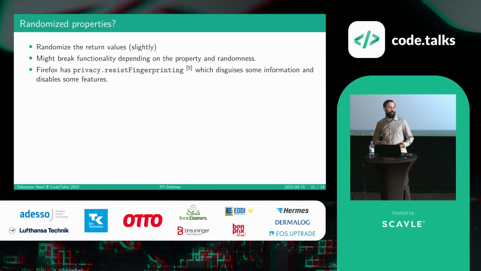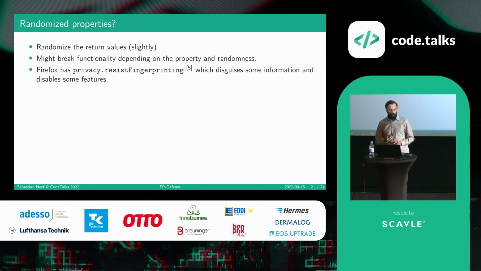But it also might break legit websites and functionalities. Think of a browser game, which also uses canvas or WebGL calls. If we do too much randomness, it might break, and then people are unhappy. So there's a thin line to walk between adding too much randomness and not enough, and it all depends on the different properties.